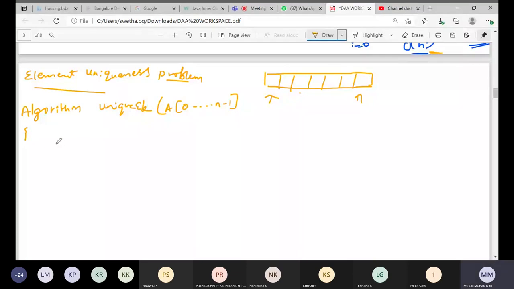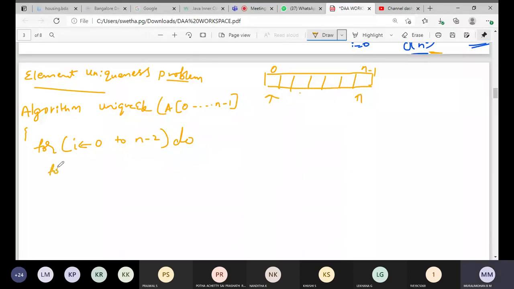So for, let me take i from 0 to n minus 2. Why? Because we will be comparing this element with the next one. When we start with 0, the last is n minus 1, so the i loop will stop here so that the j loop can compare these two.